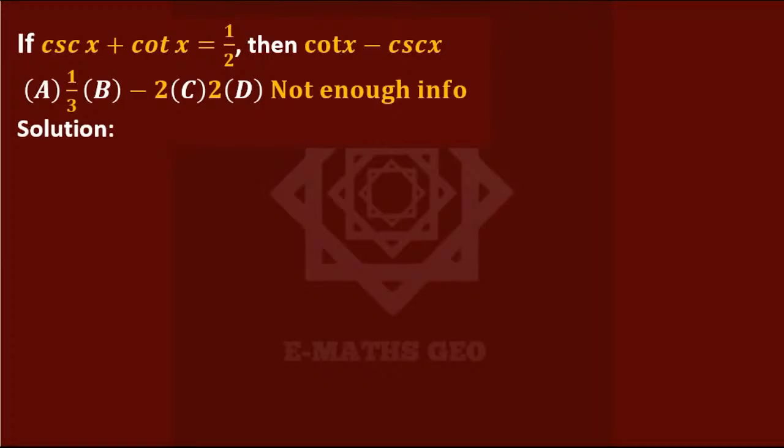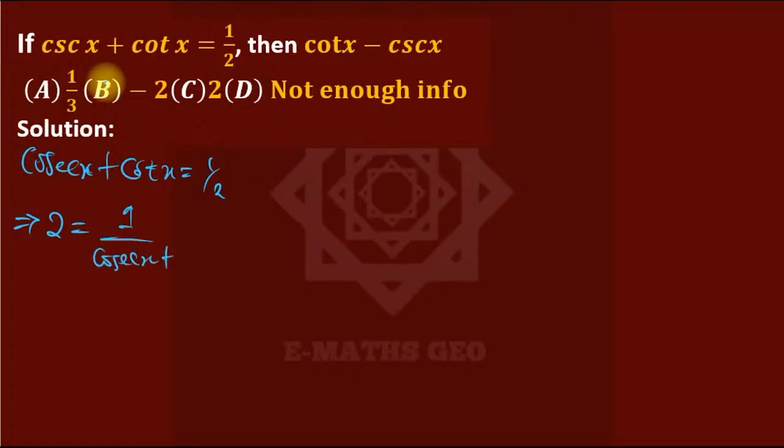We are asked: if cosec x plus cot x is equal to half, find cot x minus cosec x. First of all, we are given that cosec x plus cot x is half. We can still write this as 2 is equal to 1 over cosec x plus cot x, because if we cross multiply, it is 2 times cosec x plus cot x.